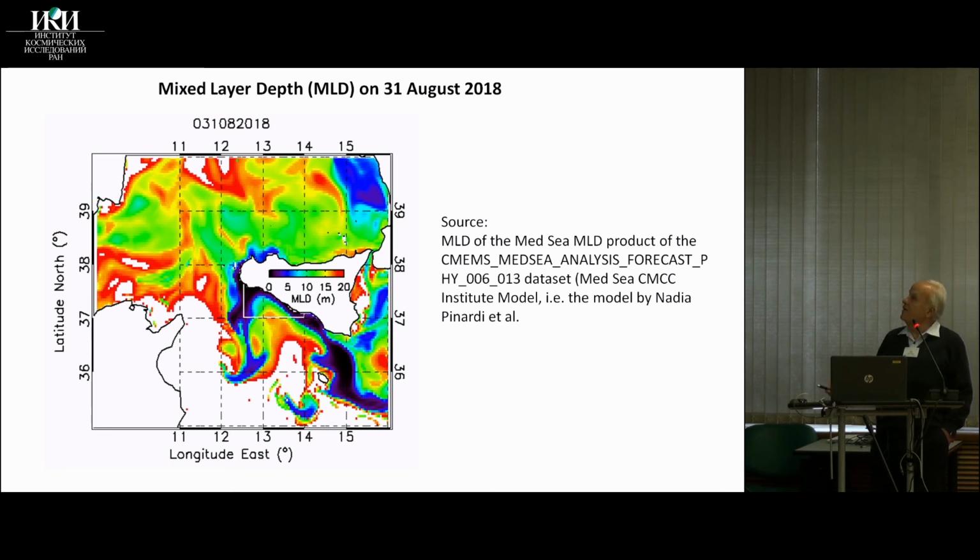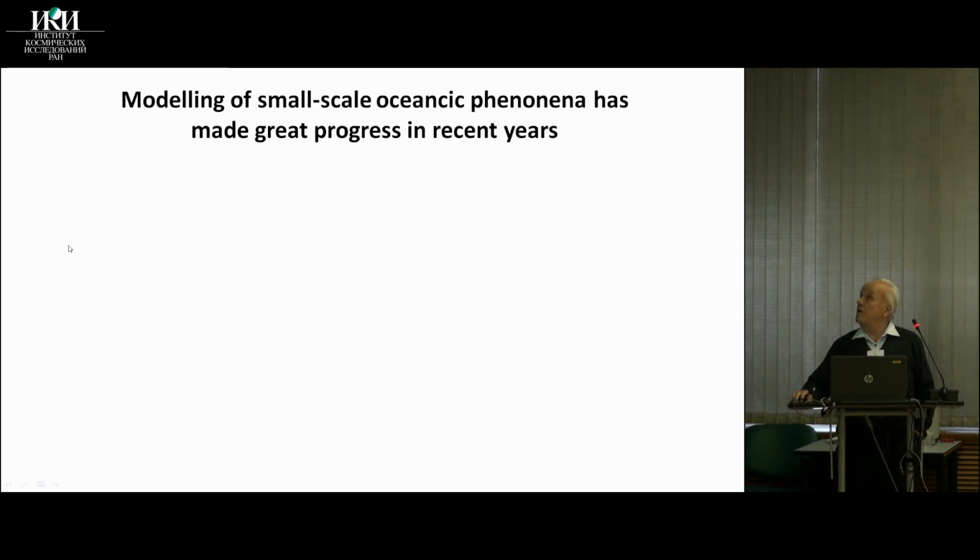Nadia Pinardi, she is from Italy, so she has developed it. And so you see that here the depth of the mixed layer is very low, of the order of only 5 meters. And it follows then the upwelling areas. So, so much to these images.